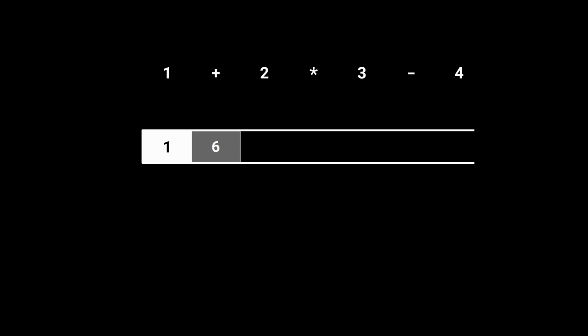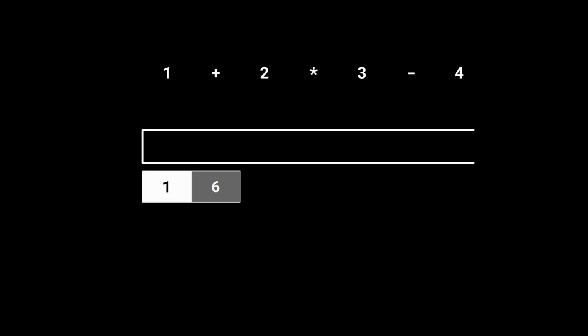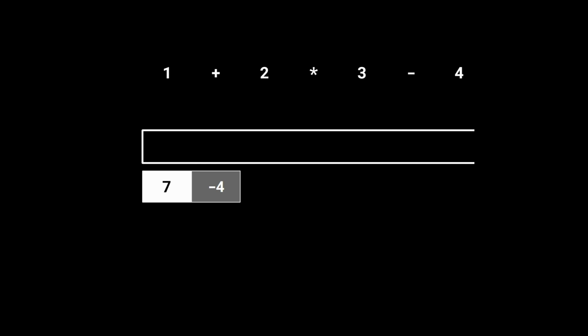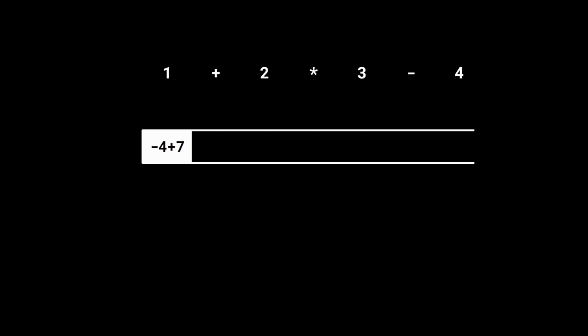Then, because we are done constructing the current term, we can pop 6 and 1 and push 1 plus 6, which is 7. If we keep going, we push minus 4, and because we reached the end, we pop minus 4 and 7, and push back minus 4 plus 7, which gives us the final result.